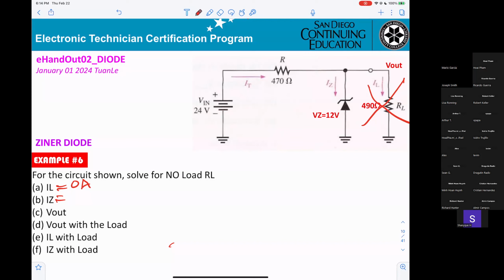If you don't have a Zener, the voltage here will be 24, correct? Yes, 24 is higher than the 12 volt breakdown. So the Zener breaks down. When it breaks down, you get 12 volt here. And now you want the IZ, the I total the same. You take 24 minus 12 divided by 470. Okay?